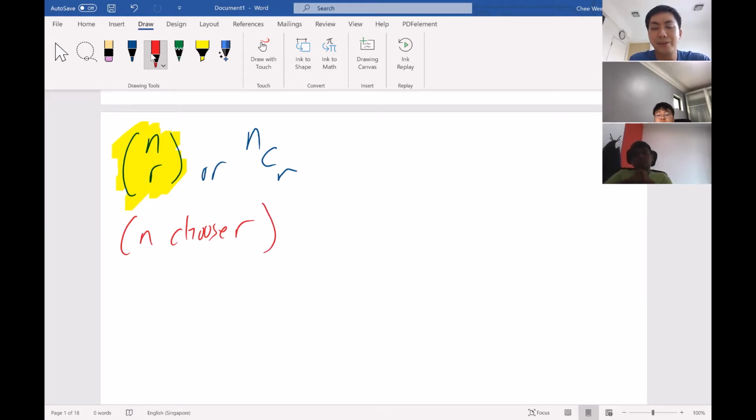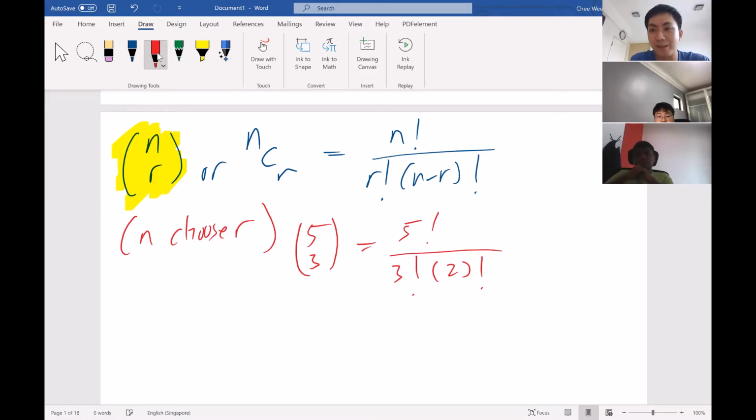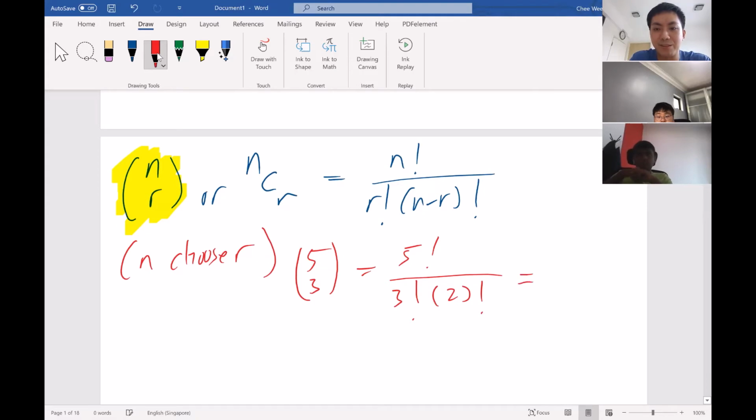Fundamentally, on a formula basis, this is evaluated as n factorial over r factorial times n minus r factorial. So to give you a numerical example, 5 choose 3 is 5 factorial over 3 factorial times 2 factorial, because it's 5 minus 3. And if you press this on the calculator, this will just give you 10.